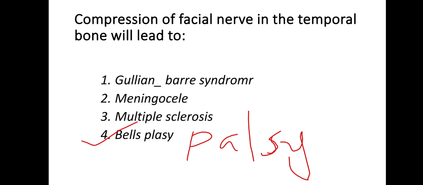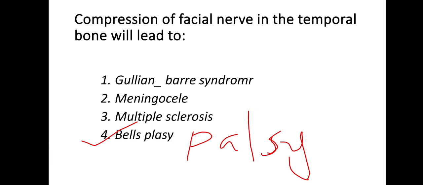Meningocele means what? Under meningocele, a sac pushes through the gap in the spine with the spinal fluid. Okay, without spinal cord. There will be a gap in the spine, and through this a sac will be pushed out.